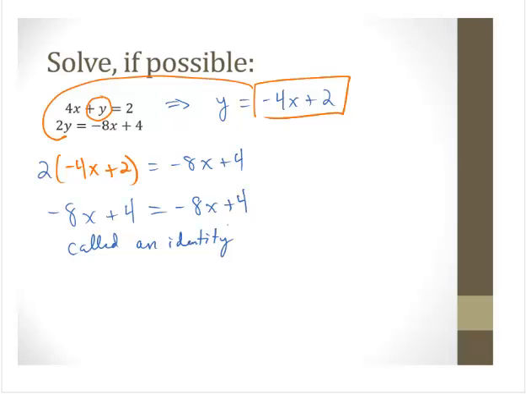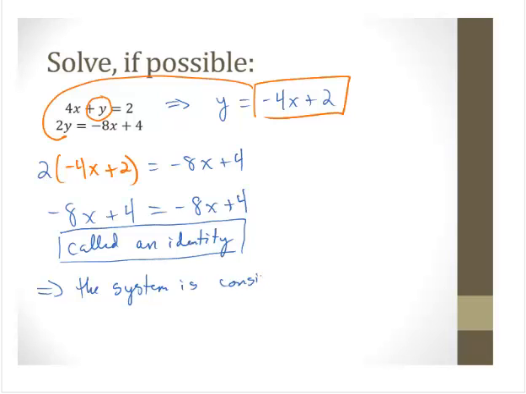When something like this happens when we're solving a system of equations, this tells us that we have a consistent and dependent system. So when this happens, the system is consistent and dependent.